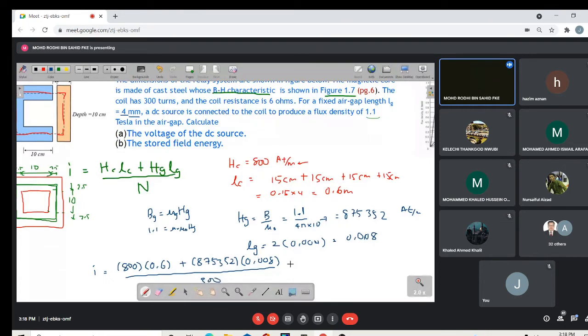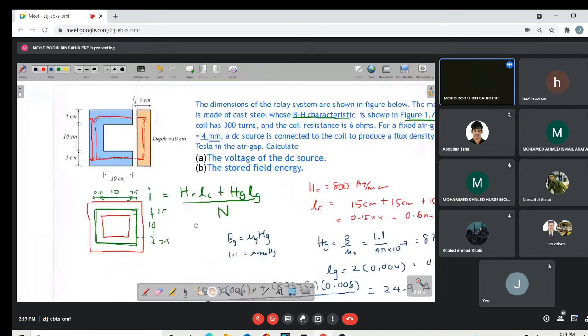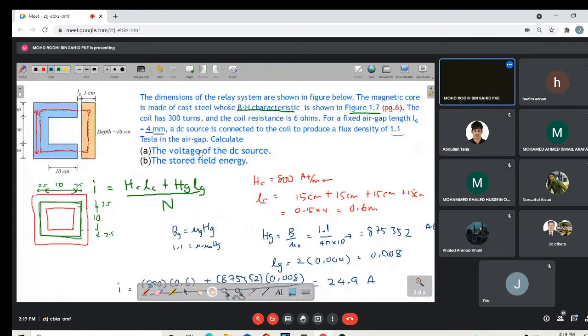So what is the current? 24.9 ampere. So this is the current that you should supply at the coil so that you can get 1.1 Tesla at the air gap.